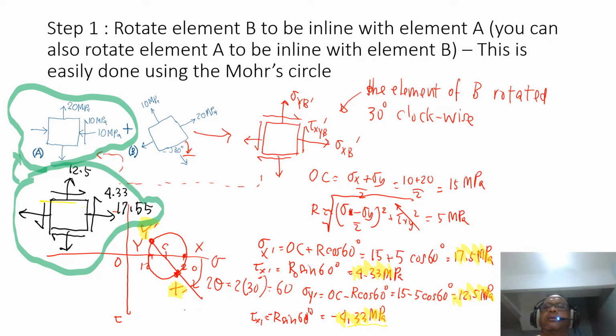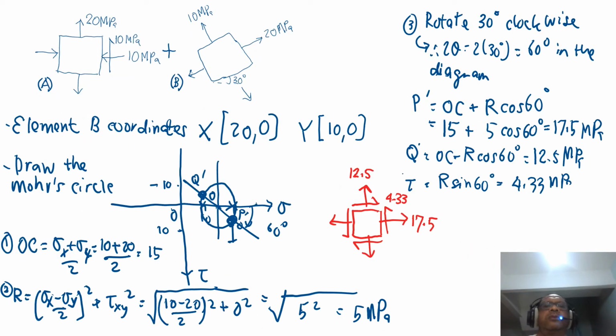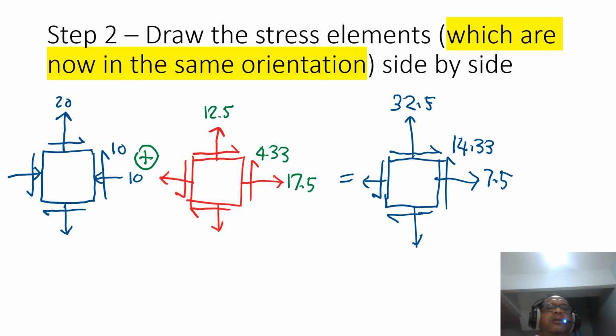So this is the calculation that I did earlier for you to redo if you want. Then you have the elements set together, 4.33, 17.5. These are in the same direction.